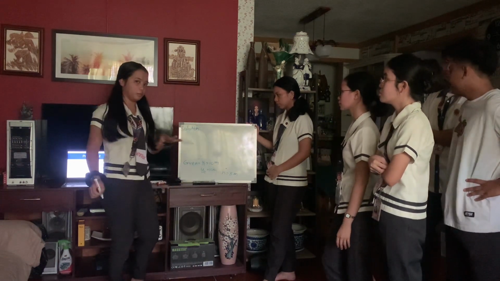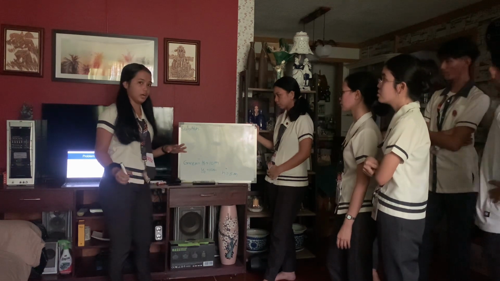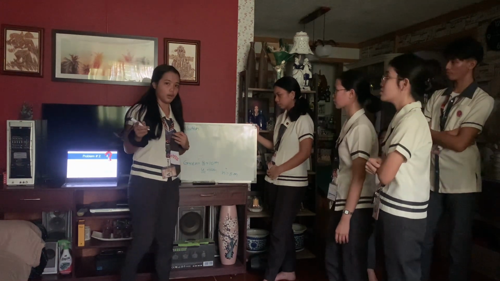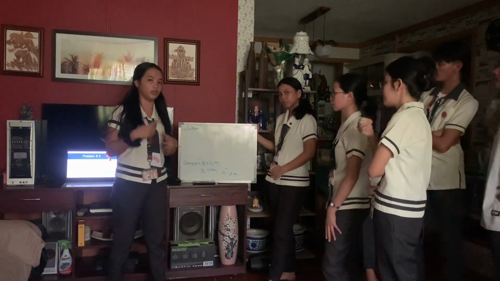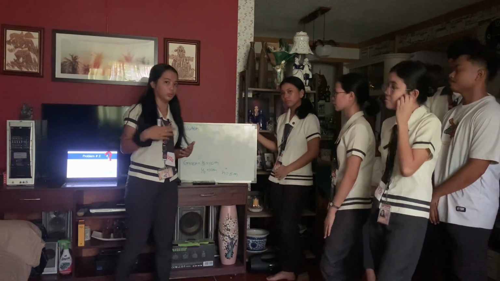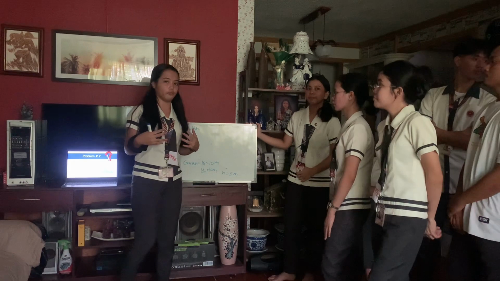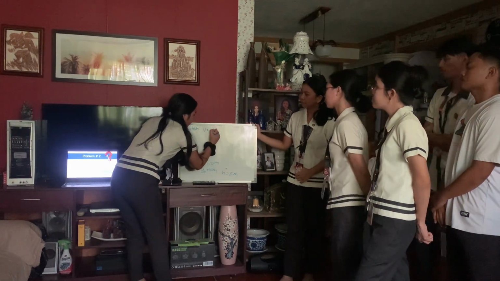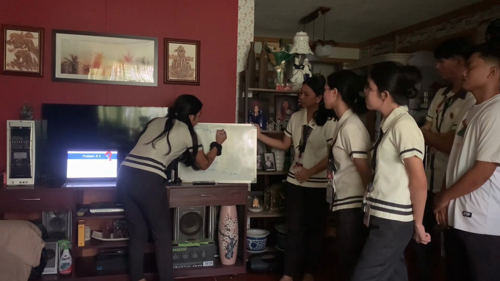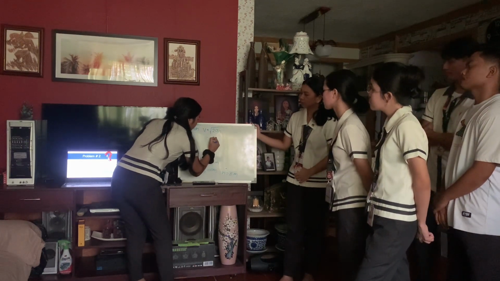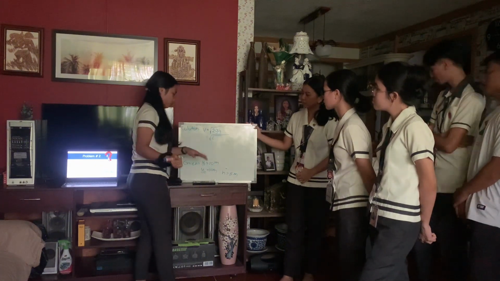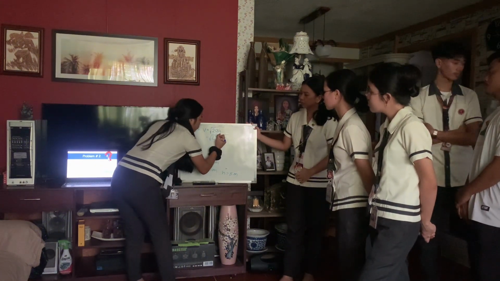So in this problem, we'll be determining the velocity of the water. We will use Torricelli's formula, which was already discussed by Angel, derived from Bernoulli's equation. We will substitute our given in the formula.